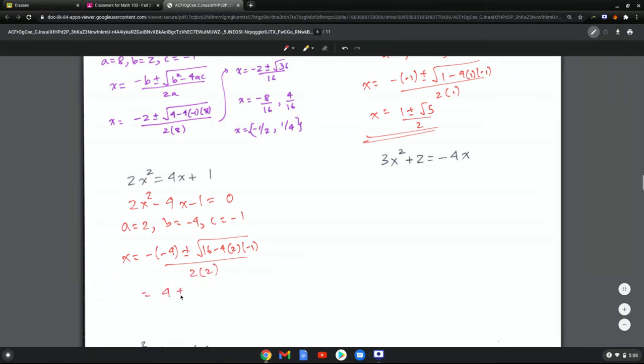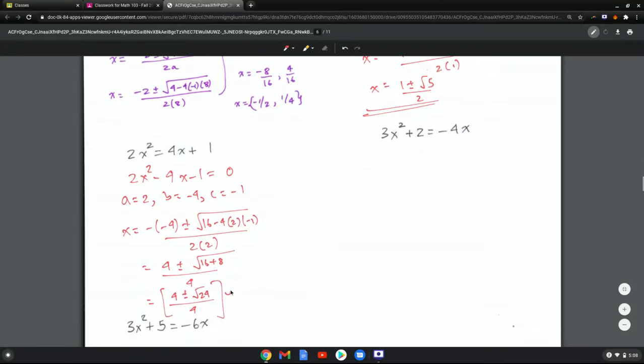That becomes 4 plus minus root of 16 plus 8 over 4, which is 4 plus minus root 24 over 4. Now this is perfectly fine, but since we've learned how to work with radicals, you can simplify this further as 2 root 6 over 4, which becomes 2 plus minus root 6 over 2. So this is the simplest form.